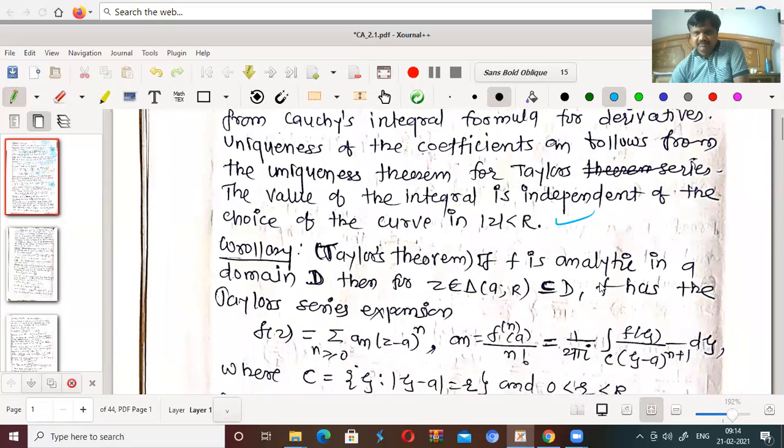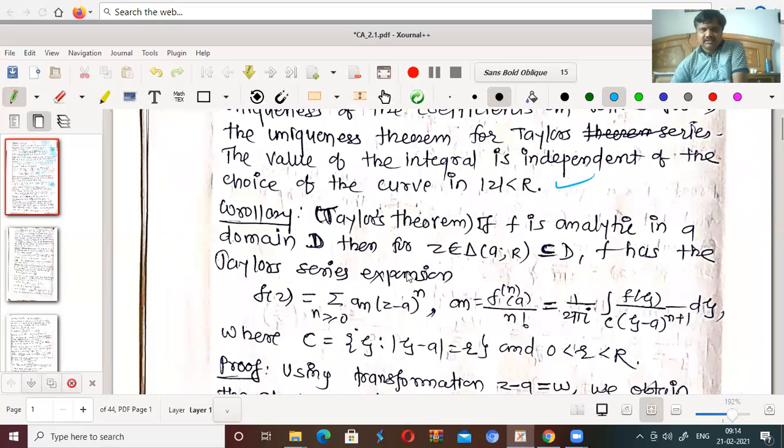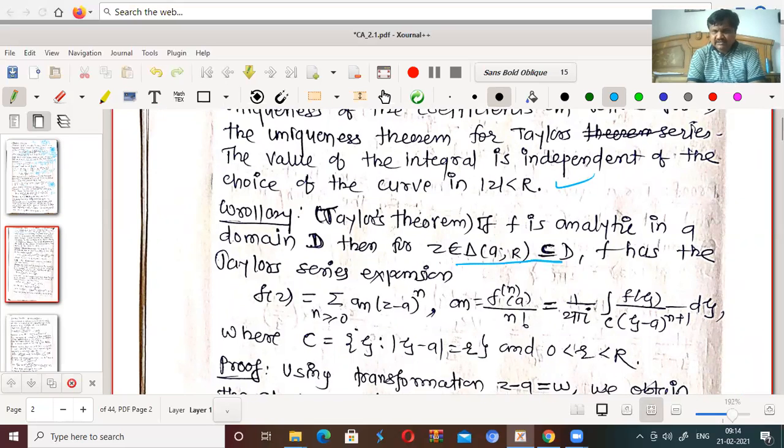Taylor's theorem: if f(z) is analytic in a domain D, then for z belonging to a disk having center a and radius R, which is a subset of D, f has the Taylor series expansion. Only z raised to n is replaced by (z minus a) raised to n.